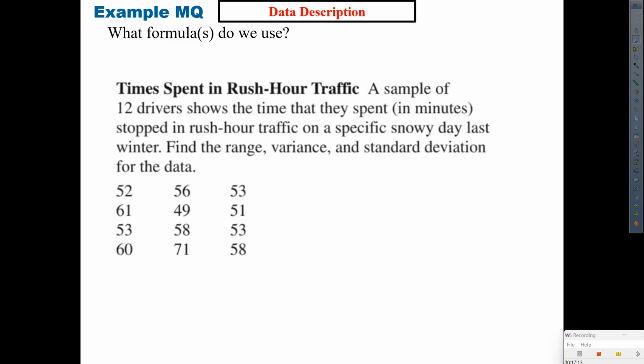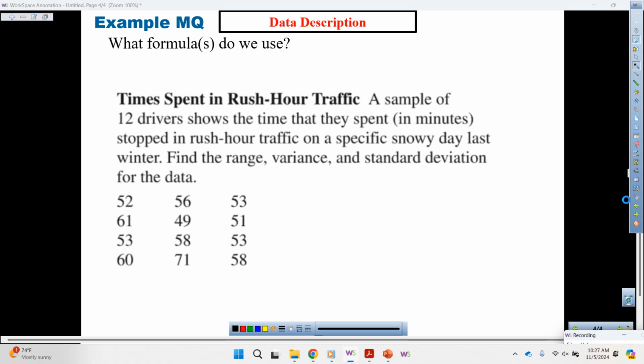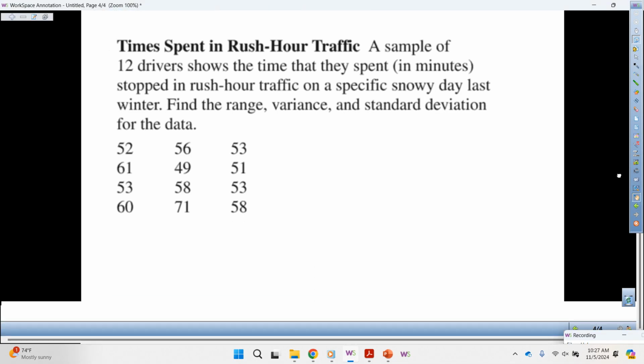All right, type it on your screen. What 3 formulas do you think we need for that one? All right. As they are finishing typing in, give us the first one.